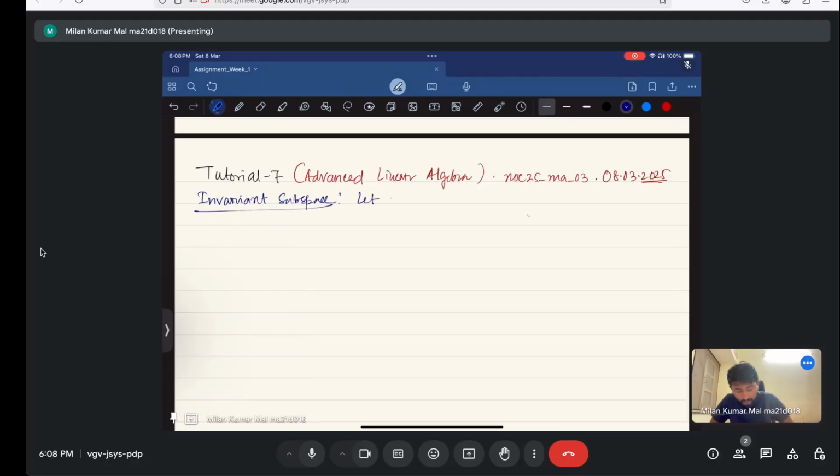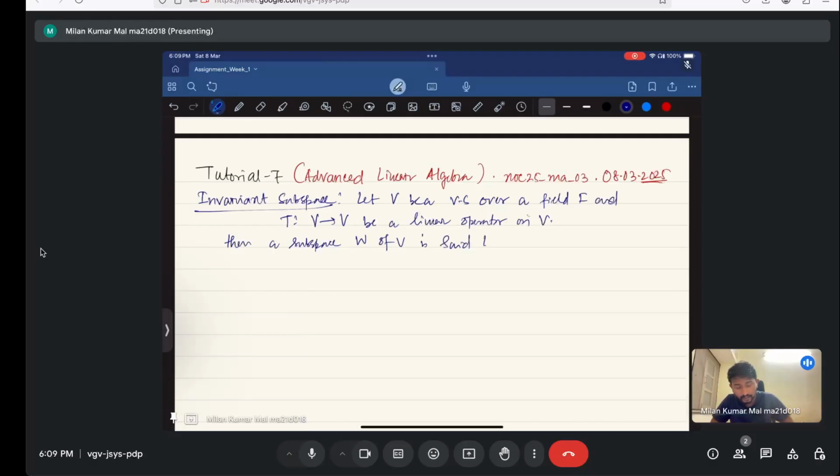Let V be a vector space over a field F and T from V to V be a linear operator on V. Then a subspace W of V is said to be an invariant subspace if T of W is a subset of W. So if we take elements from W and map them, they will map to W again.